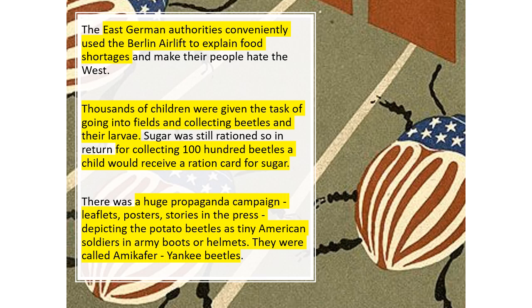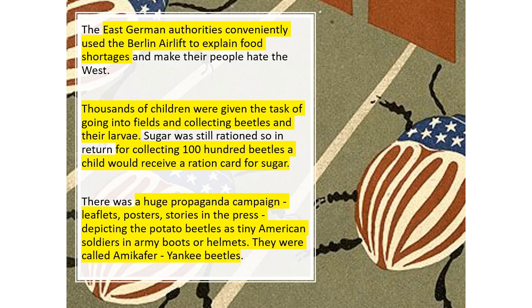Thousands of children across East Germany were given rewards for going out into the fields, collecting beetles in a jar, and then bringing them to school or to the local Communist Party headquarters, and they would get their ration card stamped to allow them to have sugar or sweets, okay?